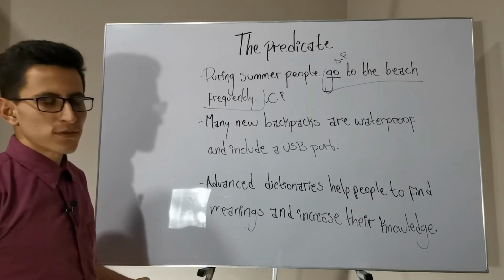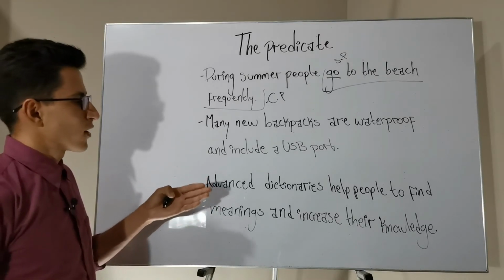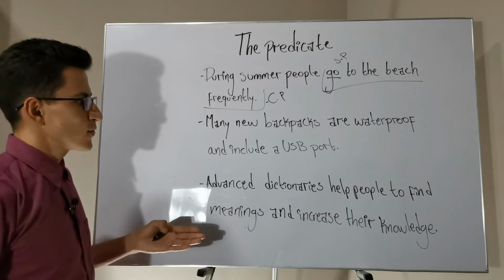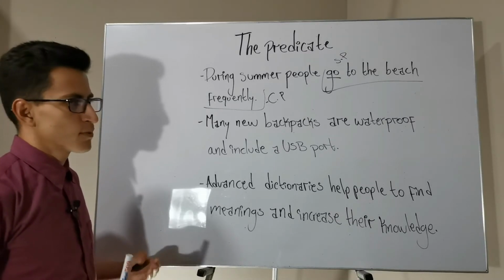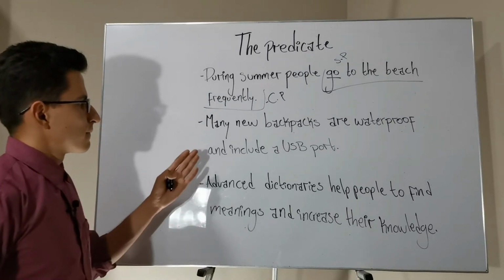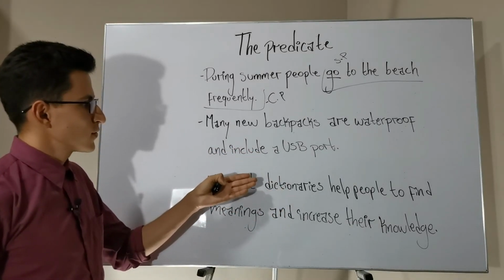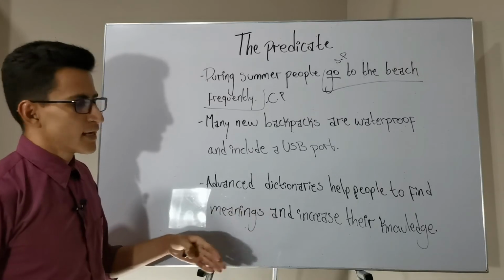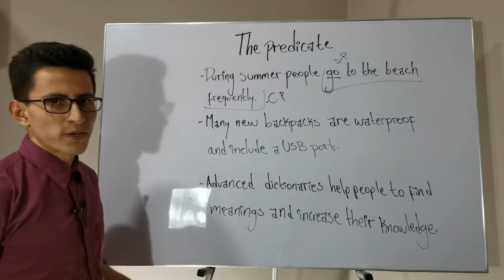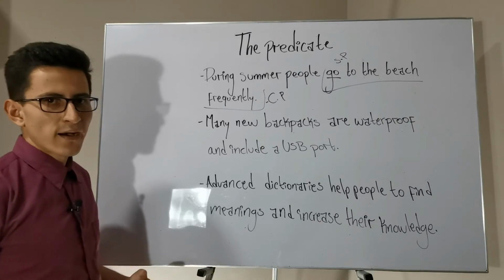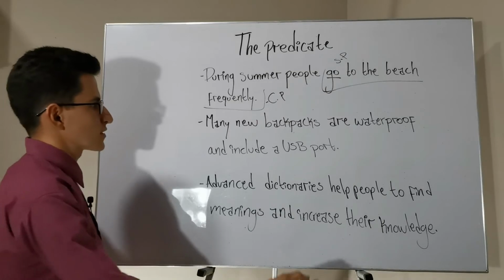Now let's move to the second one. Many new backpacks are waterproof and include a USB port. Let's find the simple predicate. Many new backpacks are waterproof and include a USB port. In this case, we don't have just a simple predicate because we have two different verbs working for the same subject.